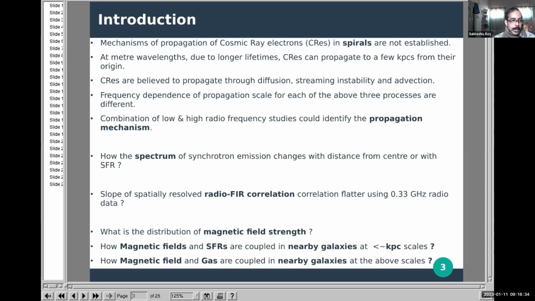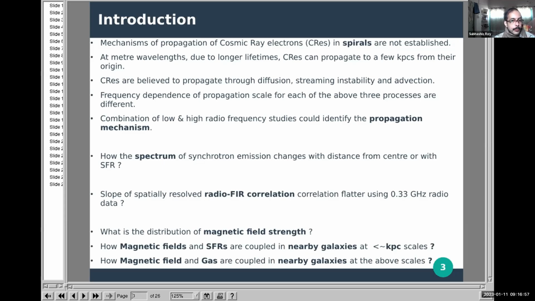A few other things which can be done based on these observations are that the slope of the spatially resolved radio-FIR correlation is flatter using 0.33 gigahertz radio data as compared to higher frequencies, let's say at 1.4 gigahertz radio. So these are some of the things we are going to see.